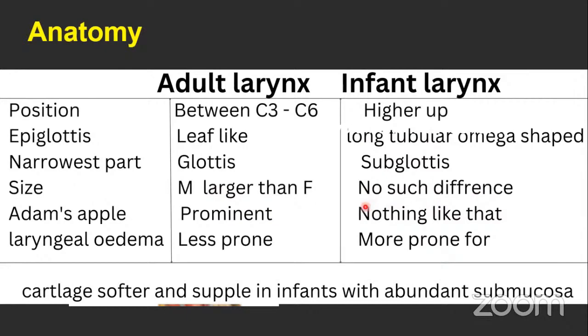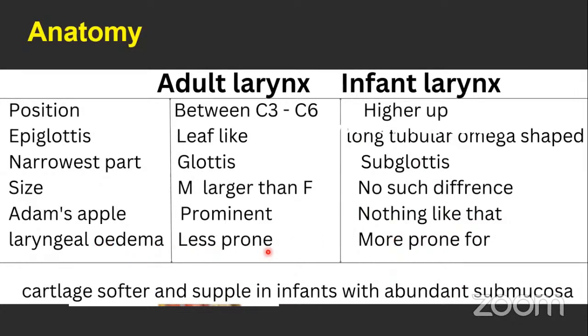And the Adam's apple is very prominent in adult males, but nothing like that in infants. And the cartilages of the infant larynx are softer and supple with abundant submucosa. So what happens? It is more prone to laryngeal edema in infants and less prone in adults.